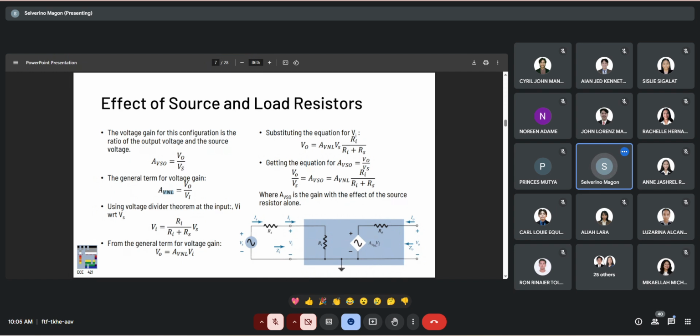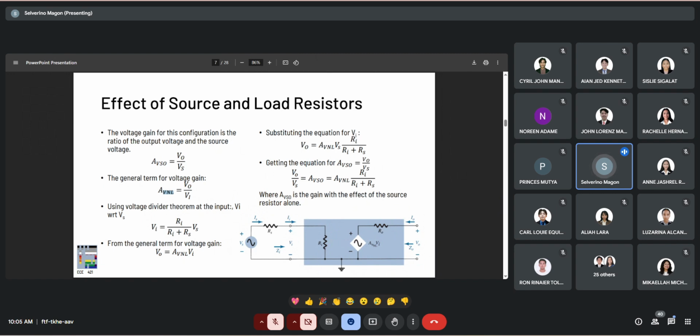For the general term of the voltage gain, we have VO equal to VI times the no load voltage gain AVNL. Substituting the equation for VI, we have VO as the no load voltage gain times the source voltage and then the voltage divider factor Ri divided by Ri plus Rs.